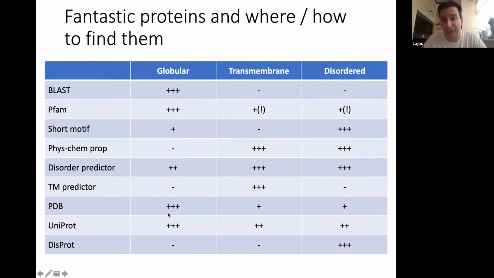So PDB, again, you will find a lot of globular structures in PDB. You will find very few transmembrane domains. It's very hard to make crystal structure or NMR structure from transmembrane proteins.